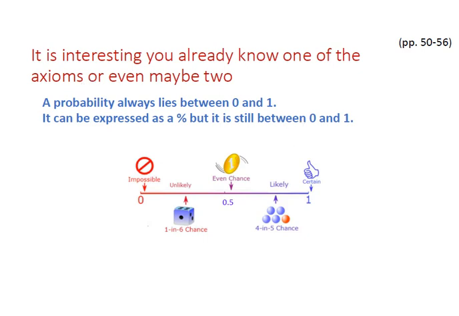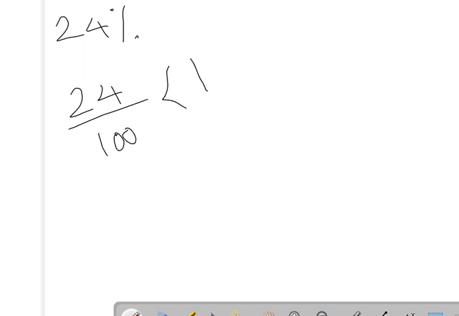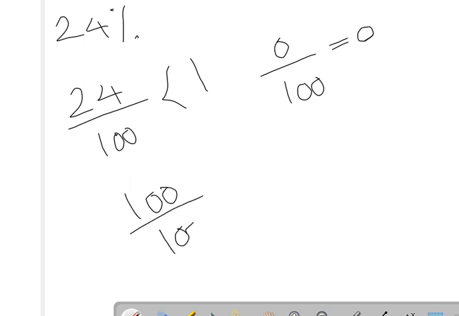For example, look here: 24% means 24 over 100, less than 1. 0% is 0. 100% is 1. So the minimum value of probability is 0 and the maximum value is 1.